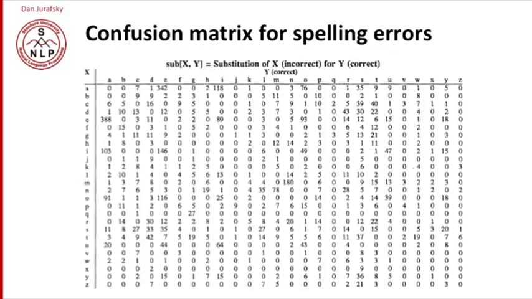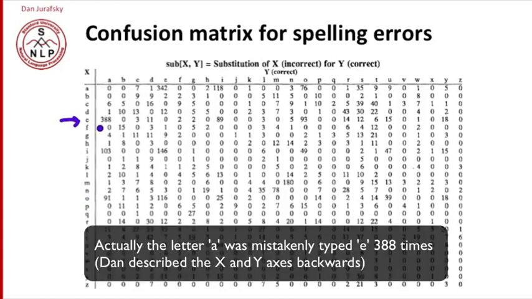So here's an example of a confusion matrix for spelling errors. The font is a little small, but just to give you a basic idea, this is a substitution matrix that I took from Kernighan et al. So here's the letter E, and it's very likely, in their data 388 times, to be substituted with an A. So you meant to type E, you incorrectly typed an A, or you might have typed an I, or you might have typed an O. So vowels are very likely to be mistaken for each other.